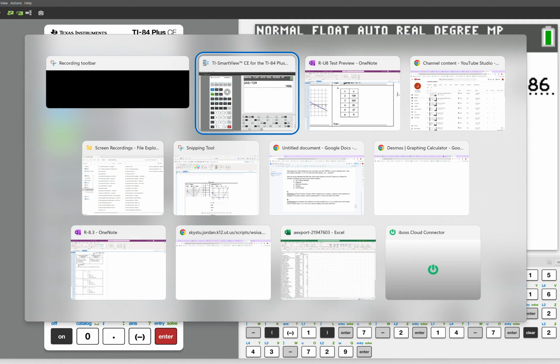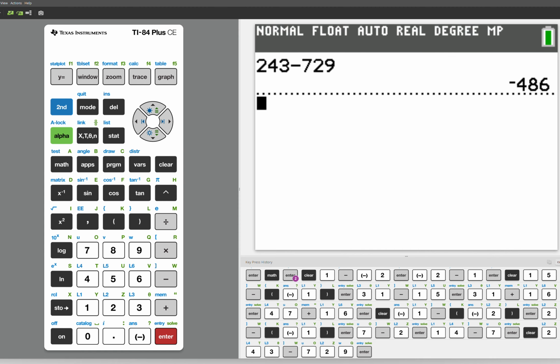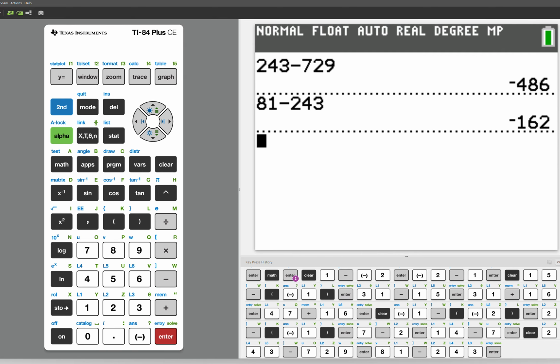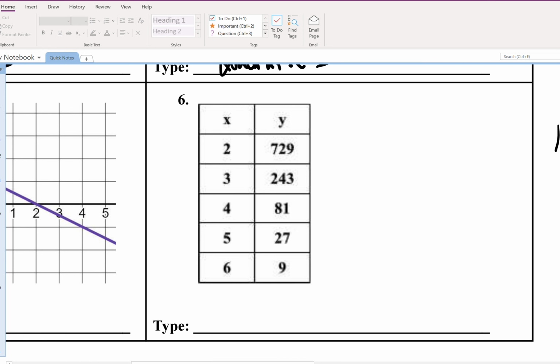And then if I do that again with what I see here, 81 minus 243, in that case, I get a negative 162. And they're not the same. Negative 486 and negative 162. If it was linear, then those would be the same.